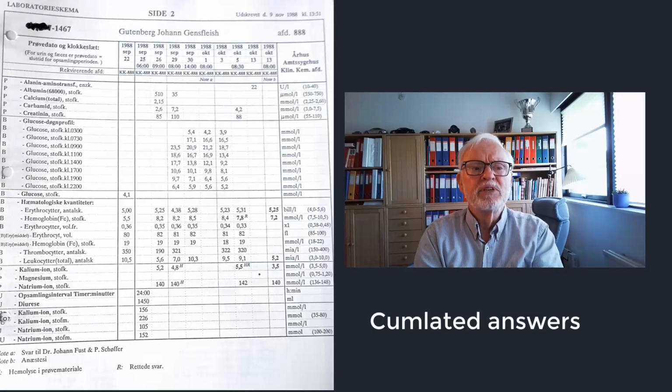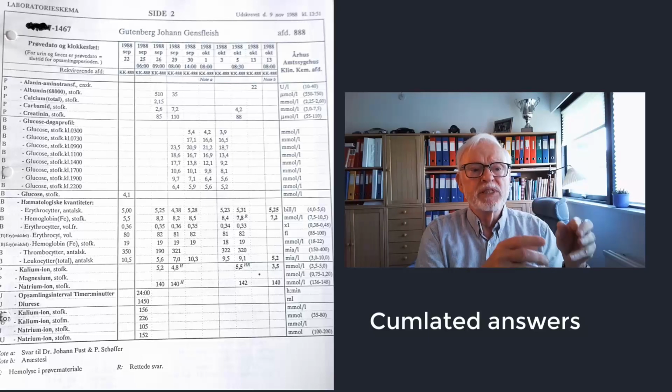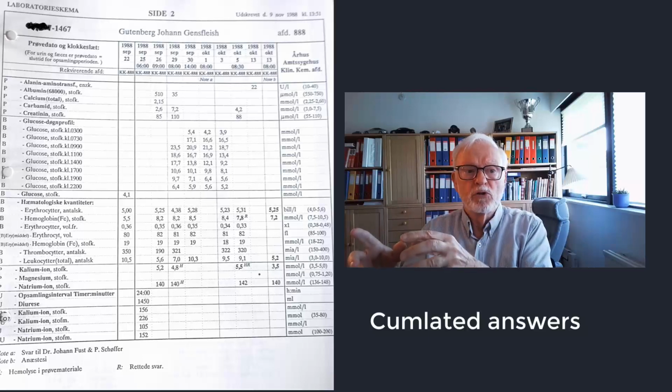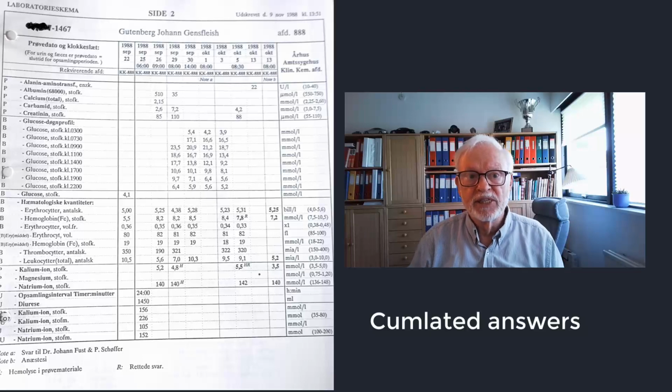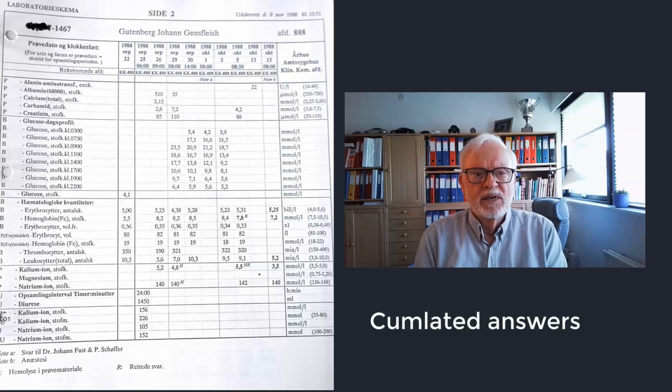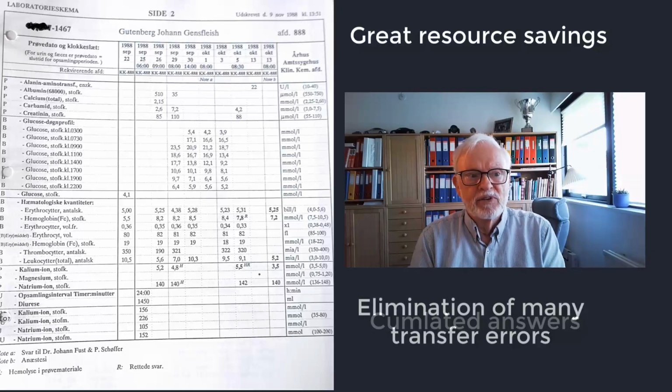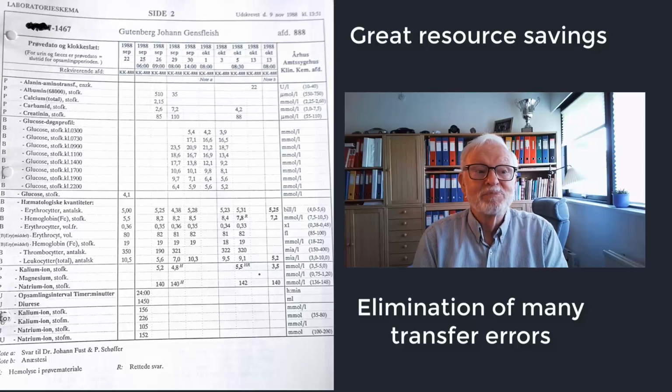Consider that previously such answers were transferred from one simple piece of paper into a laboratory chart so that the doctor could get an overview over the patient's data as a function of time. Cumulated Answer, a tremendous labour saver, a very, very large reduction of transfer errors. So of course I was impressed, as my friend mentioned, about the HP 1000 and Labka.